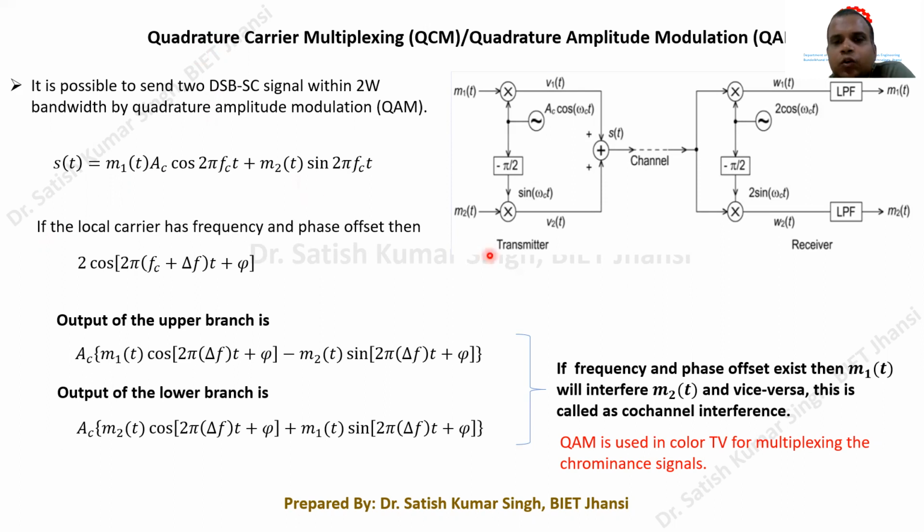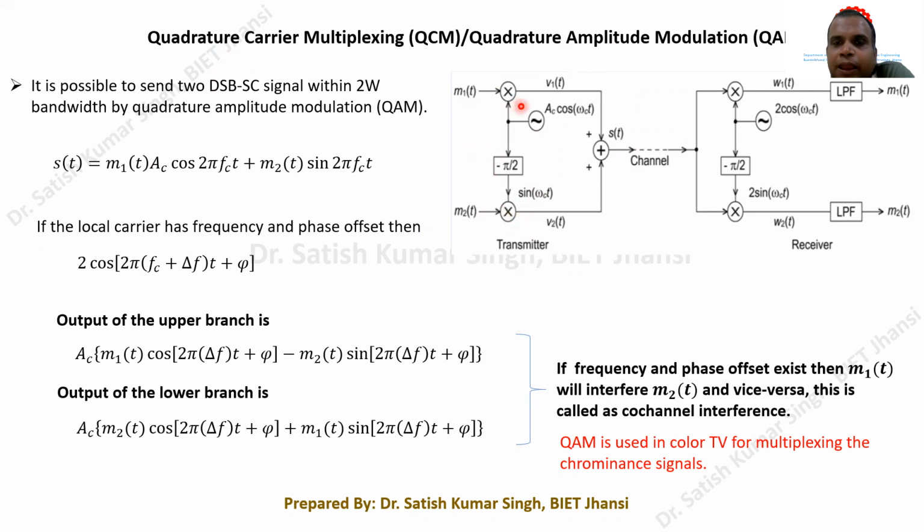If you compare with the previous diagram, this particular section remains the same. The only difference that you can observe in this diagram is that in the upper arm I have taken one message signal, m1(t), and in the other, another message signal, m2(t). With these two message signals, if we are using a carrier Ac cos omega ct, I can take a quadrature carrier, Ac sin omega ct.